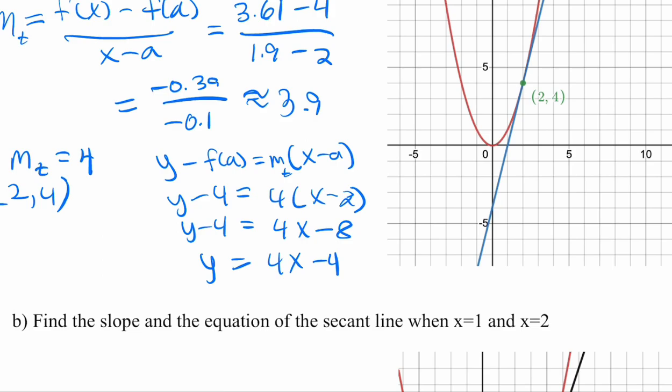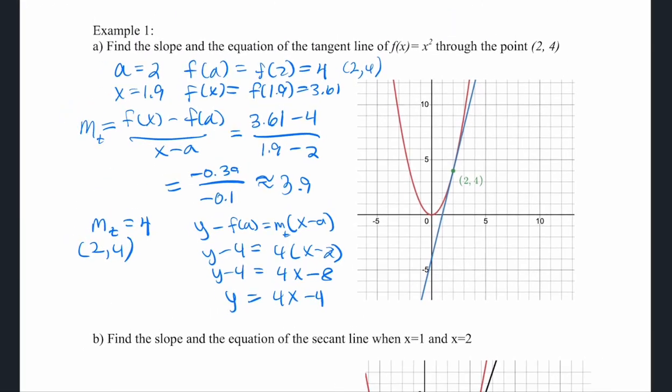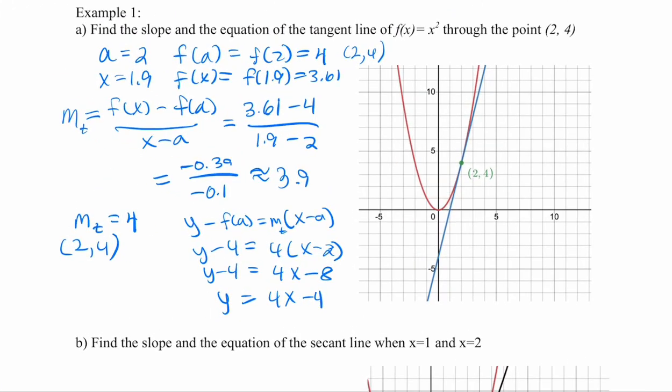Look at our line. This is the exact one because I knew how to find the exact one. It has a y-intercept of negative 4. Slope is 4, up 4 over 1, up 4 over 1, up 4 over 1. You get it. So we have found the slope of the tangent line. Most of the time, for now, you are going to get a guesstimate.